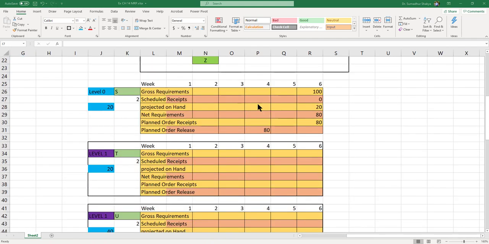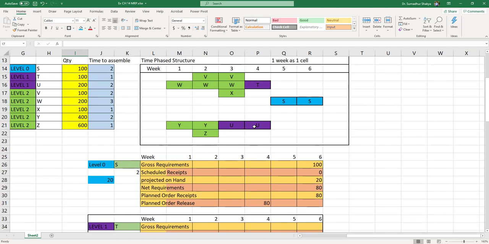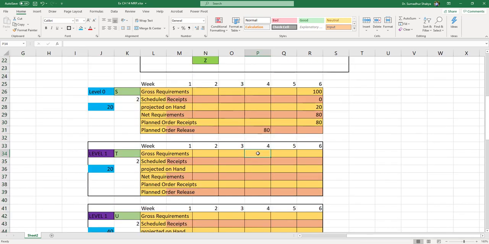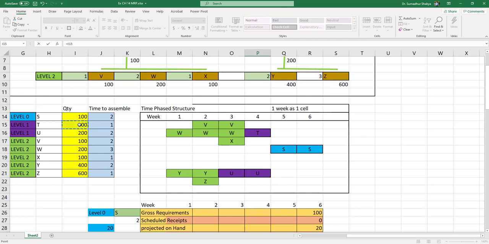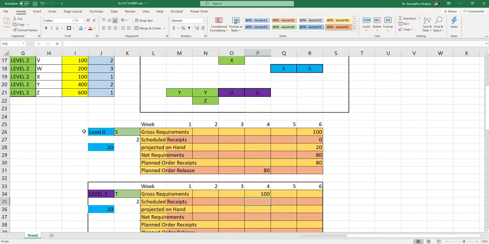So let's say we were done with S. Now we are looking at T. So for T, we are looking by week 4. The gross requirement is 100. Scheduled receipts, we don't know. Projected on hand is 20.